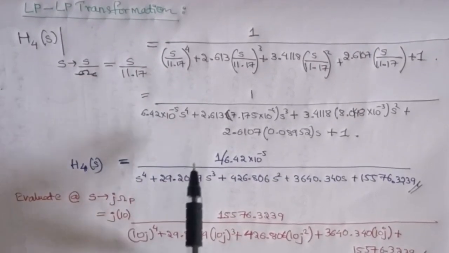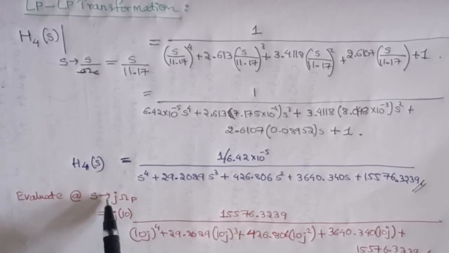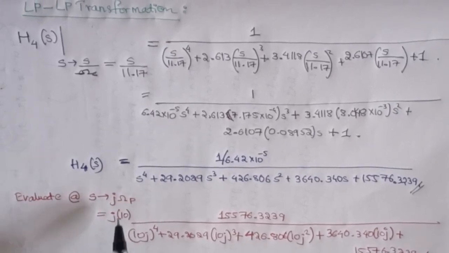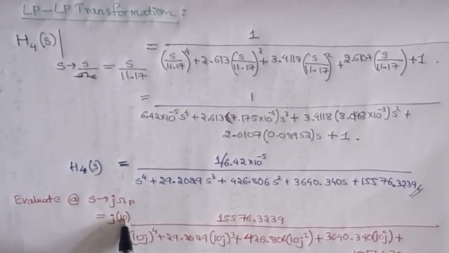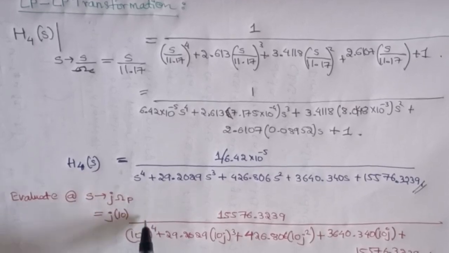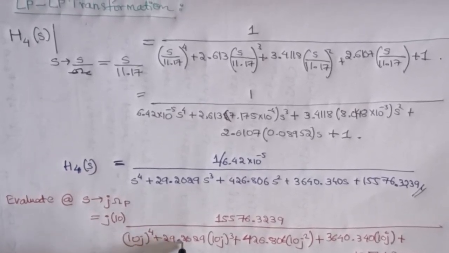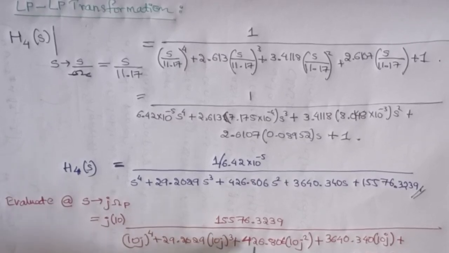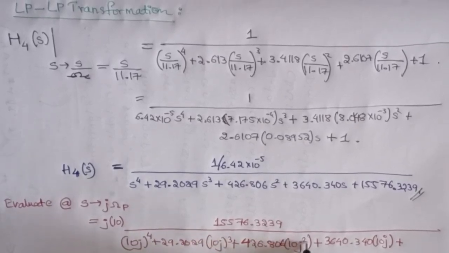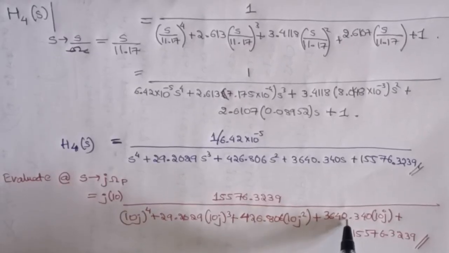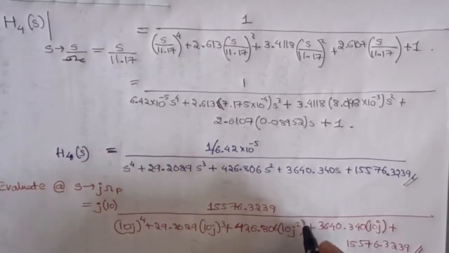Now we check the response at omega p. Substituting j omega in place of s, omega p is 10 radian per second, so substitute 10j in place of s. We get 10j whole power 4 plus 29.2029 into 10j cube plus 426.806 into 10j square plus 3640.340 into 10j.